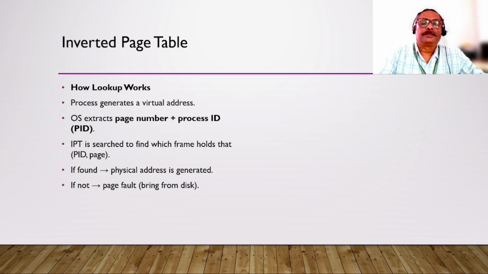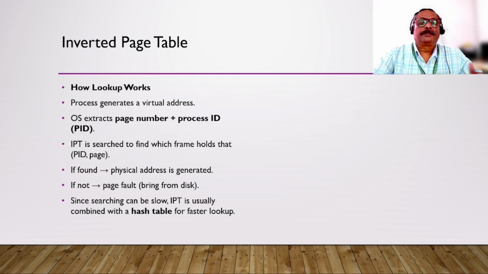Otherwise we say that such a page does not exist in physical memory, so we have a page fault. Therefore we need to clear one of the frames in the main memory and get that new page from the disk into the main memory. For that, some other page has to be removed.